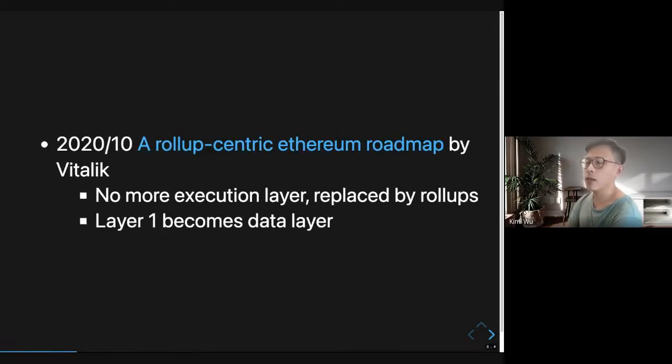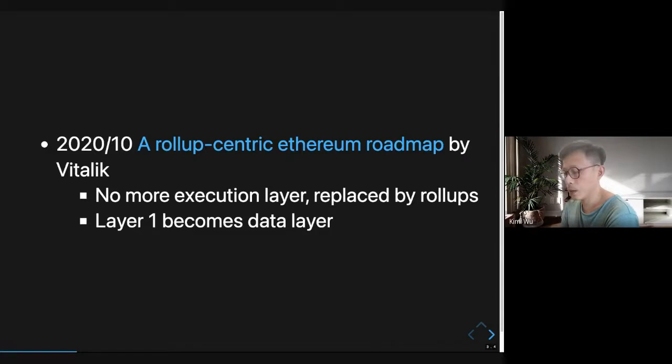And the other thing is, in October 2020, Vitalik posted an idea called the rollup-centric roadmap. The background at that time is that rollups had been quite mature.